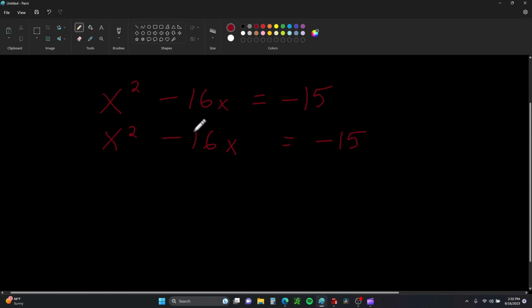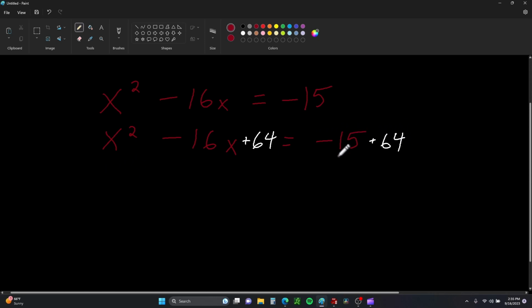So from the last example, we take the b term, which is 16, we divide by 2, that's 8, and then we square 8, which is 64. I'll leave it in a different color here, so I have plus 64, and over here I also have plus 64.